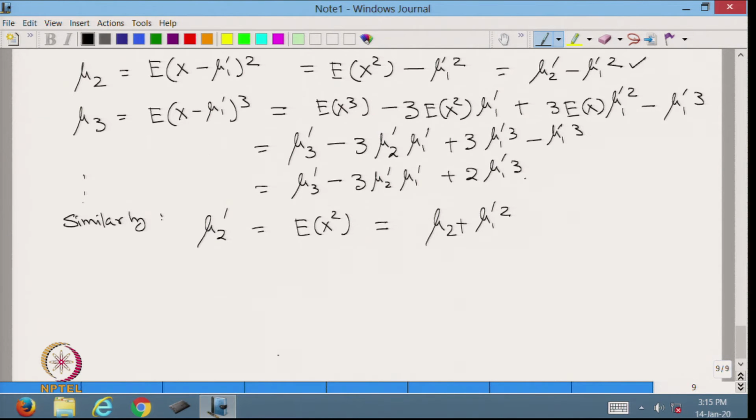This we get from this equation, and mu 3 prime is equal to mu 3 plus 3 mu 2 prime mu 1 prime minus 2 mu 1 prime whole cube. Similarly for higher order moments. So, the purpose of this is to establish that if we have all the raw moments, we can get the corresponding central moments and vice versa.